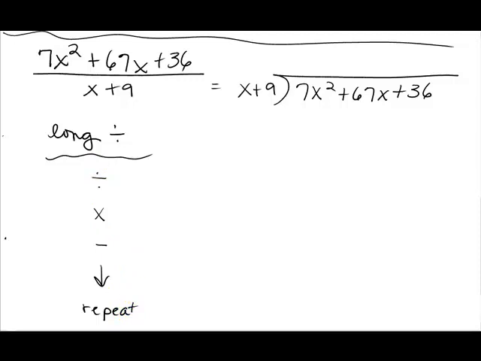So we focus on the first terms, always. And we have to ask ourselves, 7x squared divided by x. Or, what can you multiply times x to give you 7x squared? Well, it would be 7x. And so we want to line this up.